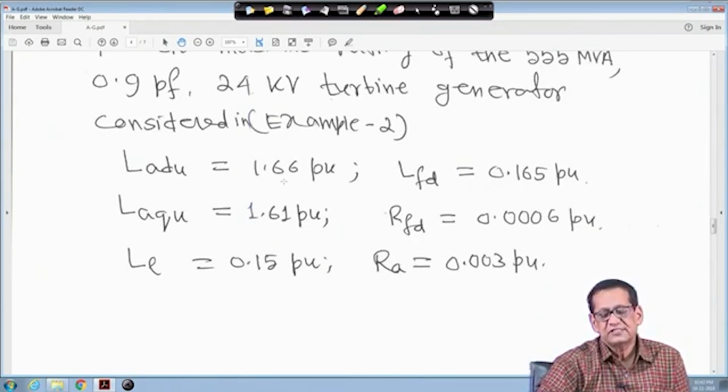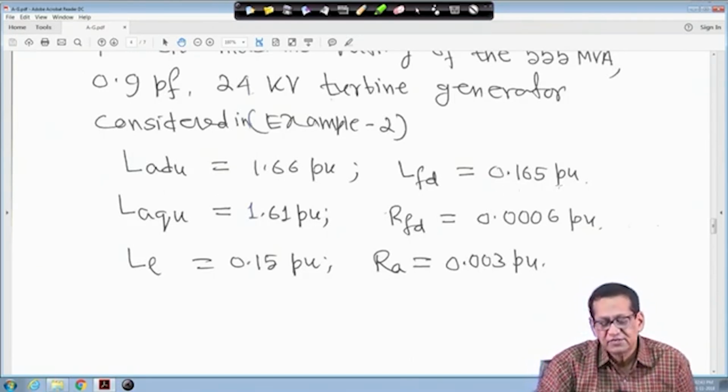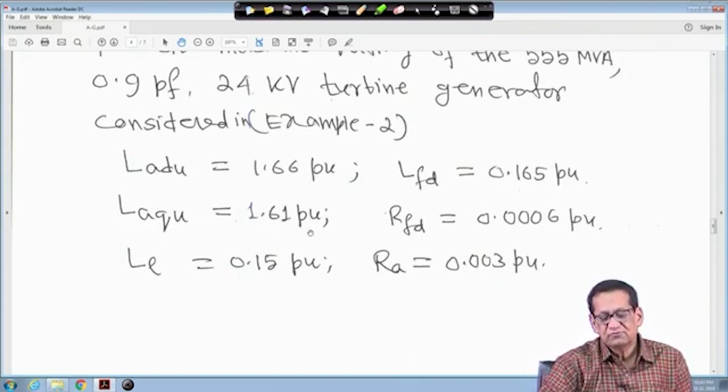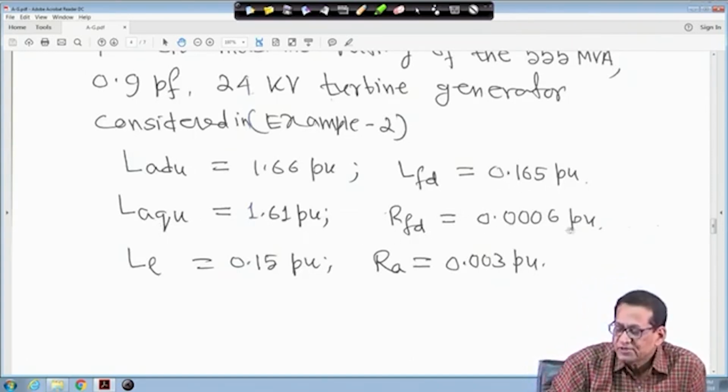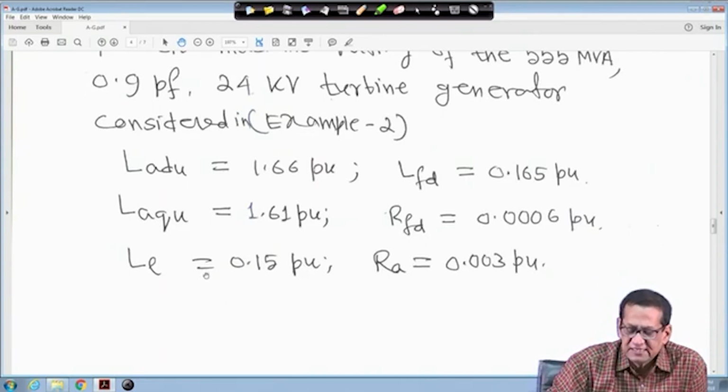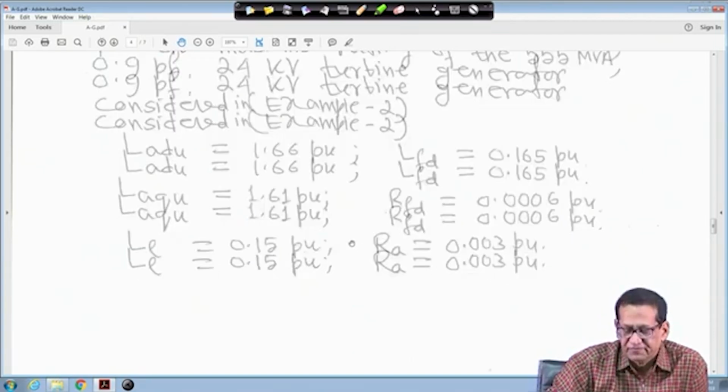LADU is equal to 1.66 per unit, LFD is equal to 0.165 per unit, LAQU is equal to 1.61 per unit, RFD is equal to 0.0006 per unit, LL is equal to 0.15 per unit and RA is equal to 0.003 per unit.